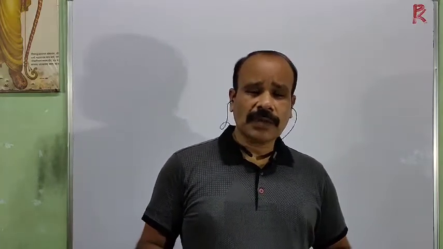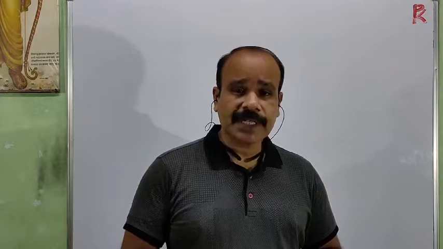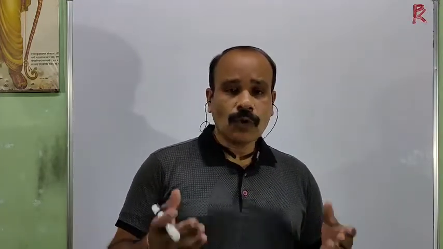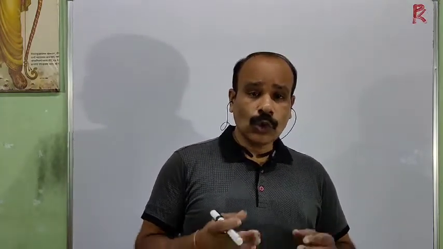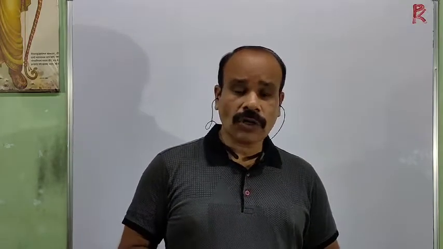current carrying conductors. After that, the force experienced by a moving charge in a magnetic field, how a current carrying conductor experiences a force when it is placed inside a magnetic field, and how a current carrying loop experiences a torque when it is placed in a magnetic field.